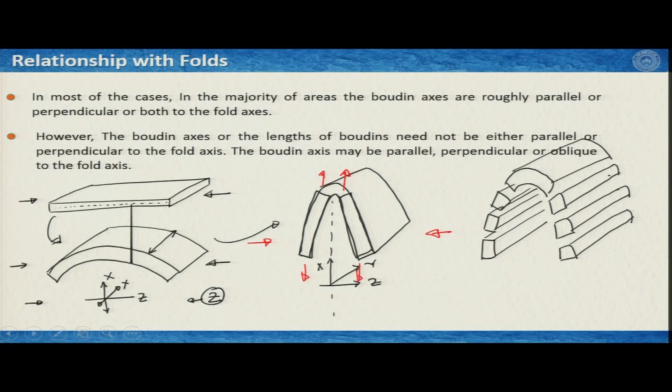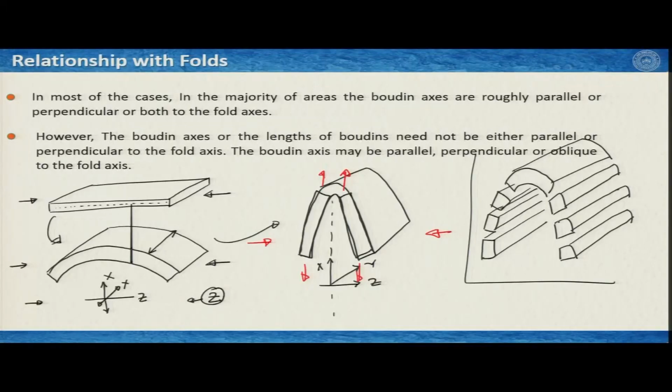So, you see that under compression the global strain ellipsoid is under compression, but in this particular case, with the continued deformation we are forming boudinage structure which is associated with the fold in a single deformation. So, we have just learned that it does not necessarily have to be this way. Actually, in this case we have seen that this is the fold axis, and this is parallel to the fold axis.